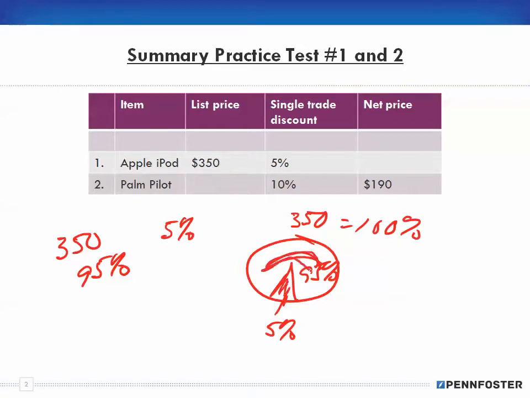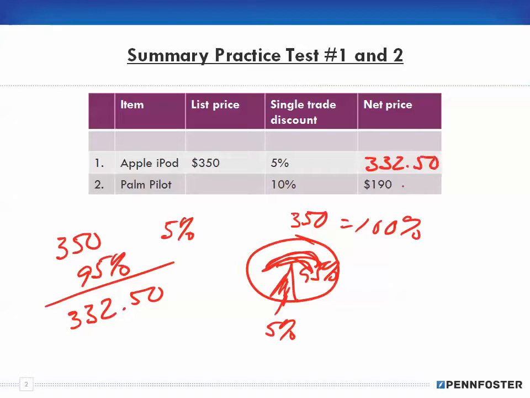I want to know this amount right here. So I multiply by 95%. Let me get the calculator and do that. Okay, so 350 times decimal 95, and that gives me 332.50.